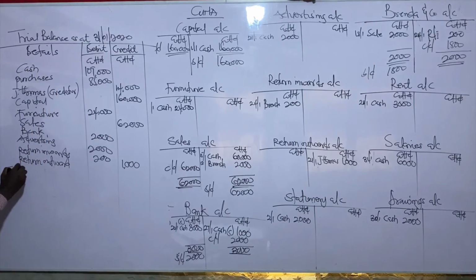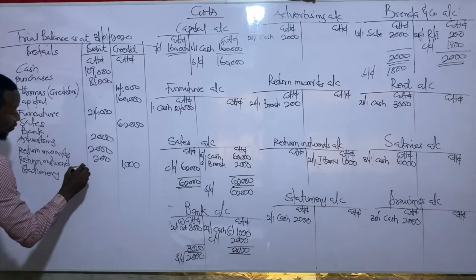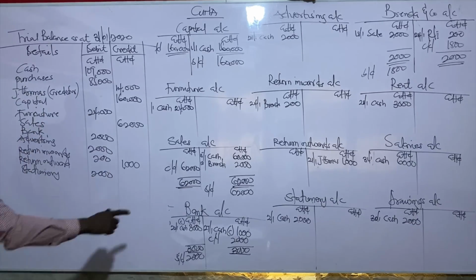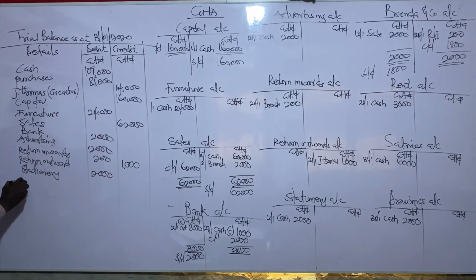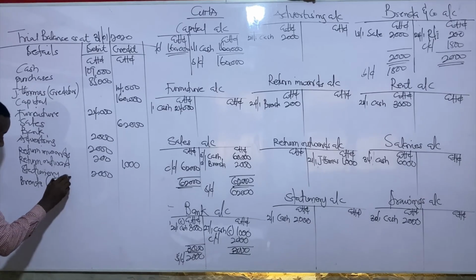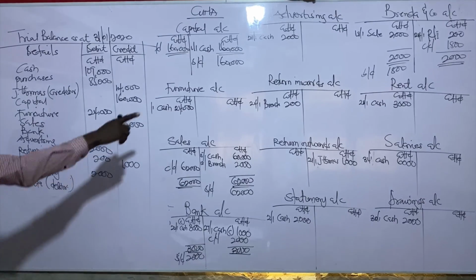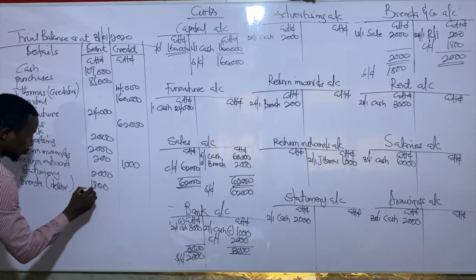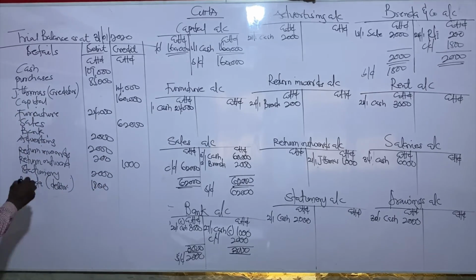I have stationery, a debit balance of 2,000. We have Brenda. Brenda is a debtor, right? So it is a debit balance of 1,800. From there, we have rent account.